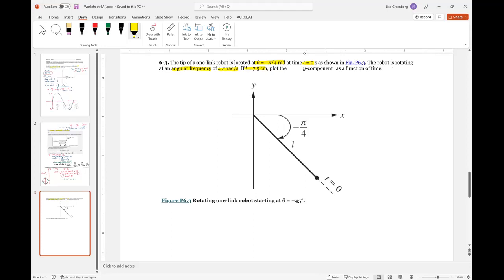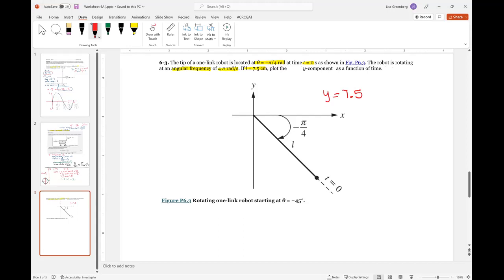Well, first, let's make our equation. So I have y equals, and the amplitude is the length of that robot arm, right? So that's our A, 7.5. So at t equals 0, we're at minus pi over 4.